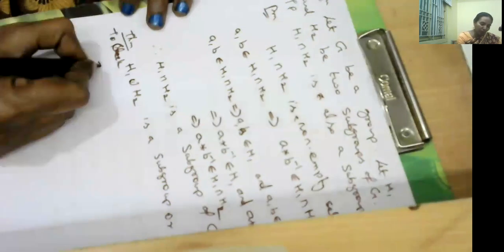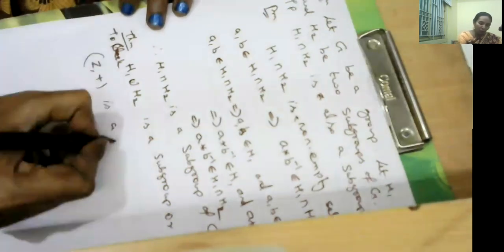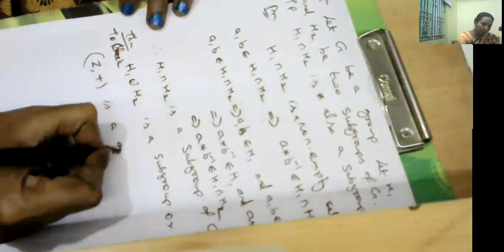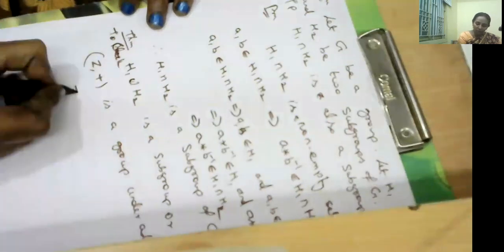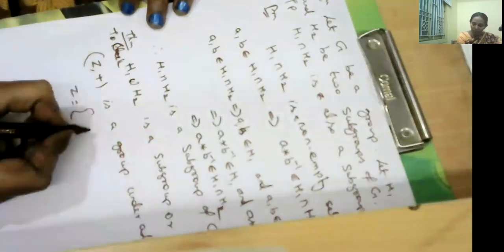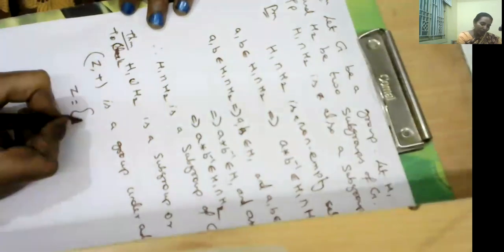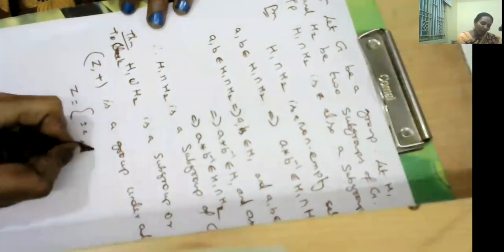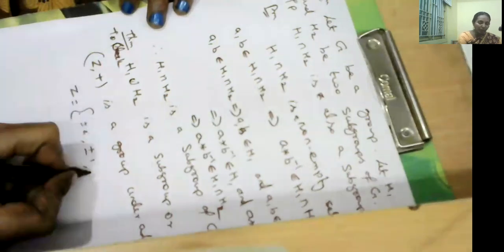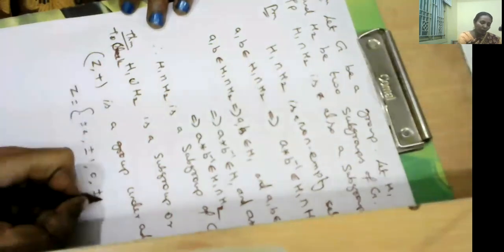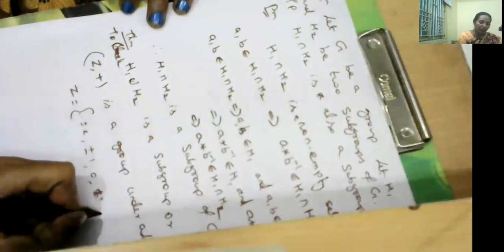Let us prove it with an example. Just consider the set Z. We know that Z is a group under addition. That set is equal to, take positive and negative elements, plus or minus 2, plus or minus 1, 0, and so on. So negative numbers, 0, positive numbers.